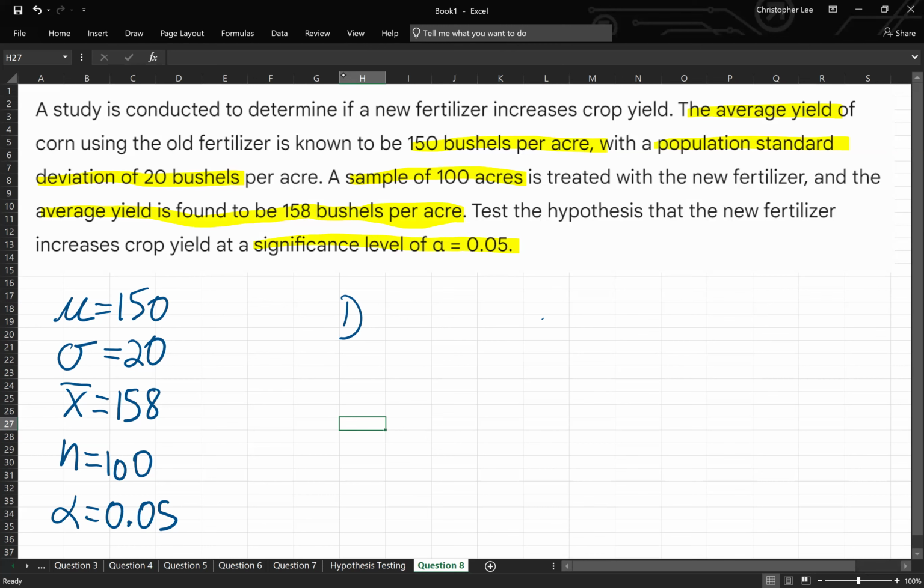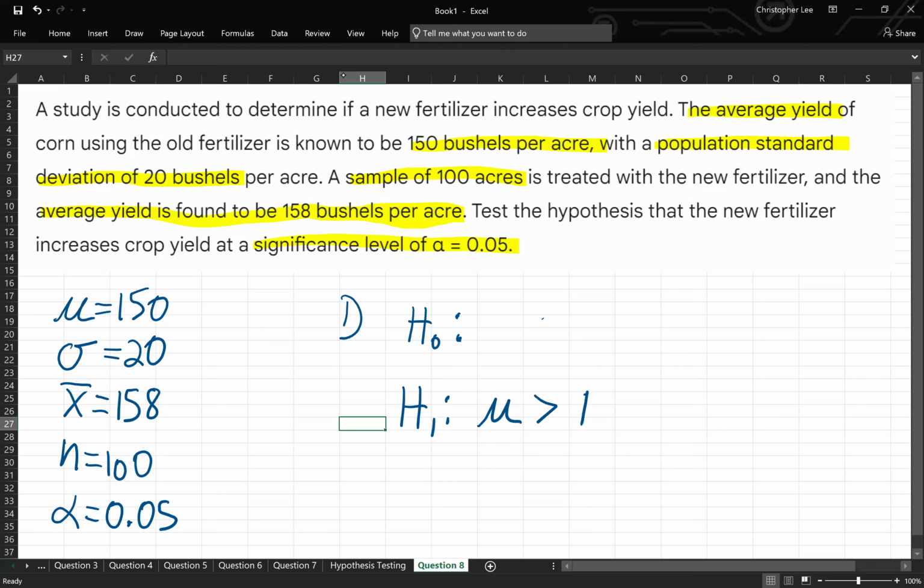Step 1. Exactly, right? I want my null and I want my alternative hypothesis. So what is my alternative hypothesis? Mu greater than 150.